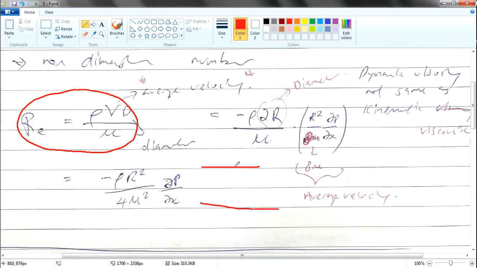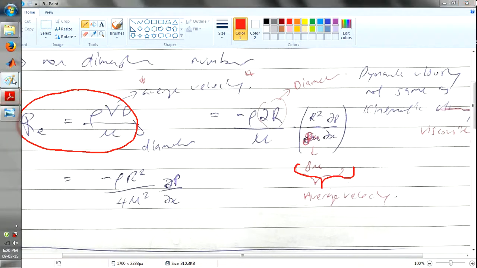Your pipe has radius R, from this point to this point is R. But you're talking about only this side, not this side also. This side is also R. Therefore you have 2R as the diameter.